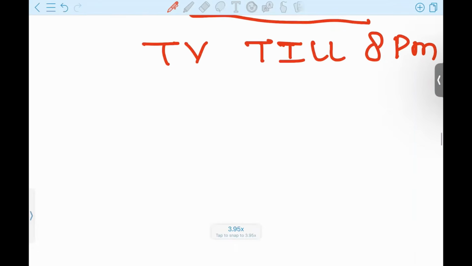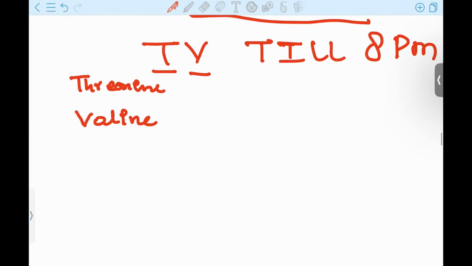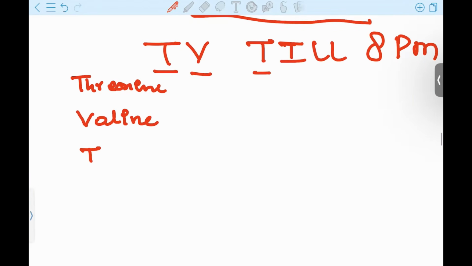What are the examples for this, guys? T for threonine, and V for valine, and another T for your tryptophan.